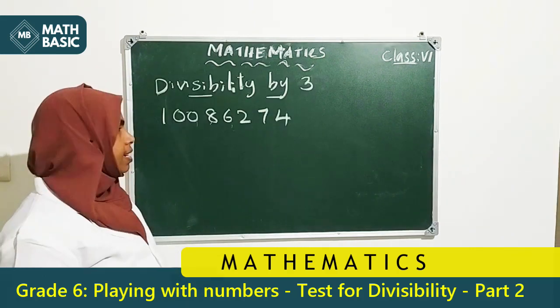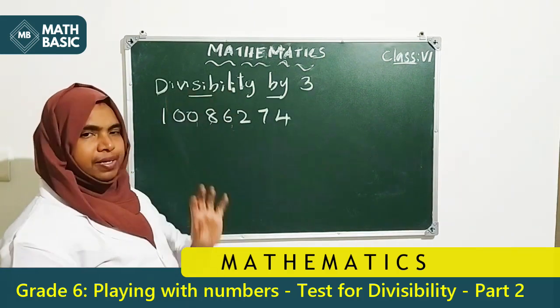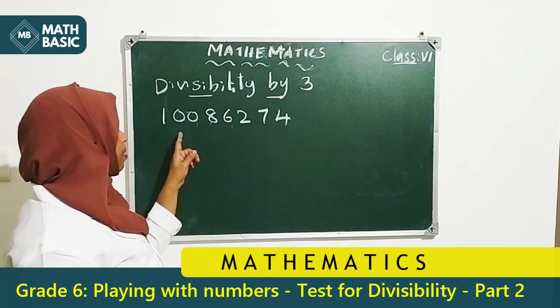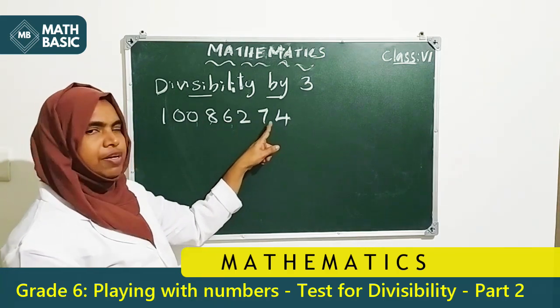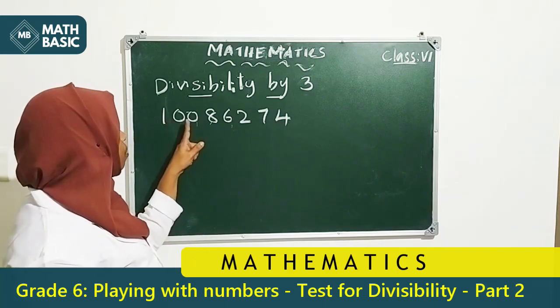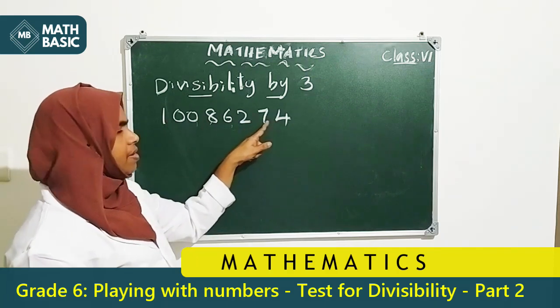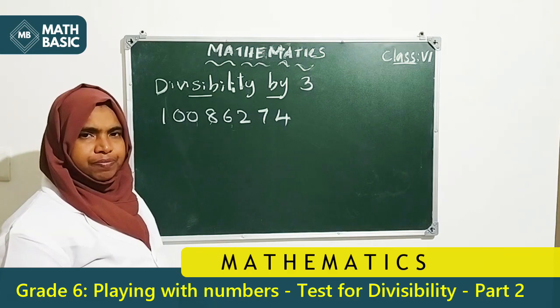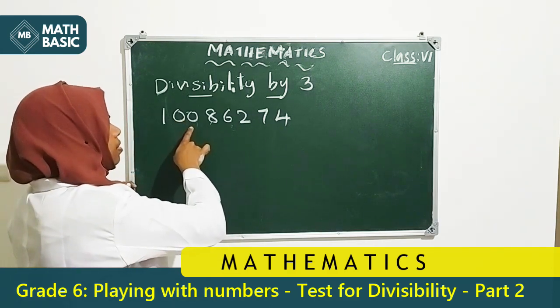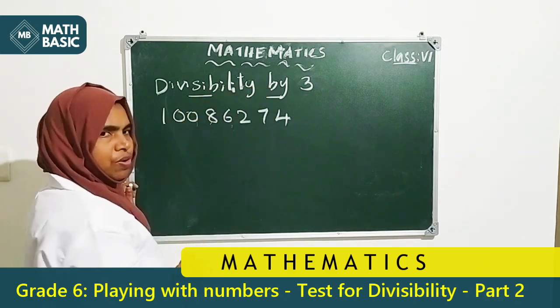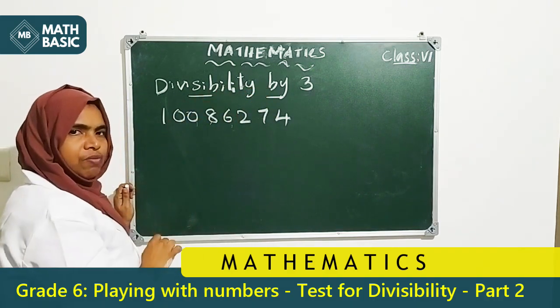Next, divisibility by 3. See an example. 1, 0, 0, 8, 6, 2, 7, 4. Here 1, 2, 3, 4, 5, 6, 7, 8. It is an 8-digit number. Check whether this number is divisible by 3 or not. Without dividing, what do we do?